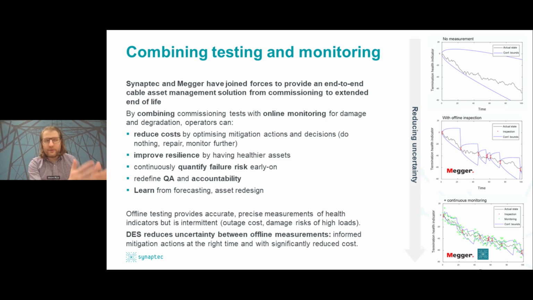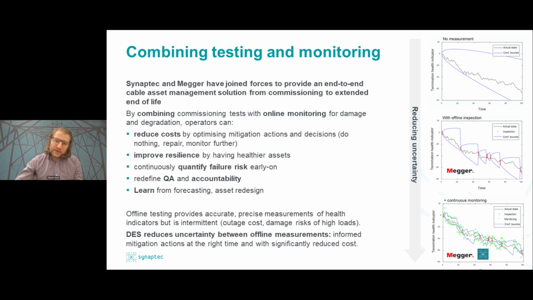So basically you go from your commissioning, where you do tan delta tests, you do partial discharge offline testing, where you really stress the asset and find any weaknesses. Typically that's not really an issue because the cables are of decent quality generally.